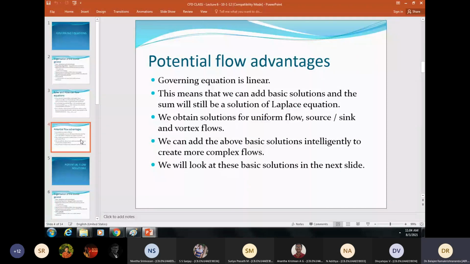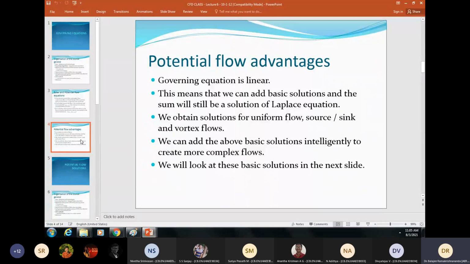Now the advantages of potential flow are that the governing equation is linear, so only one equation is there. These are coupled nonlinear equations. Because the governing equation is linear, we can add basic solutions and the sum will still be a solution of the Laplace equation. Usually we obtain solutions for uniform flow, source, sink, and vortex flows. Doublets are also included.